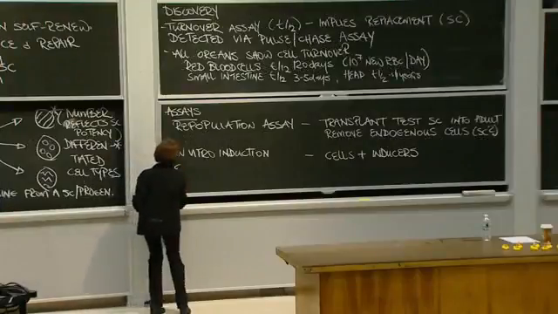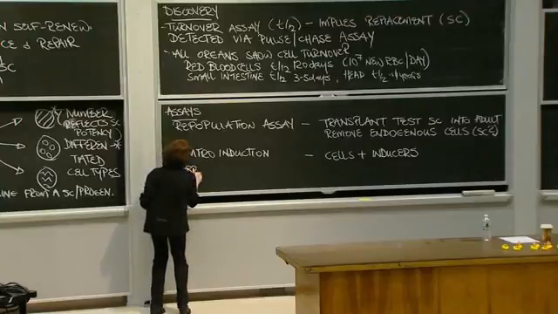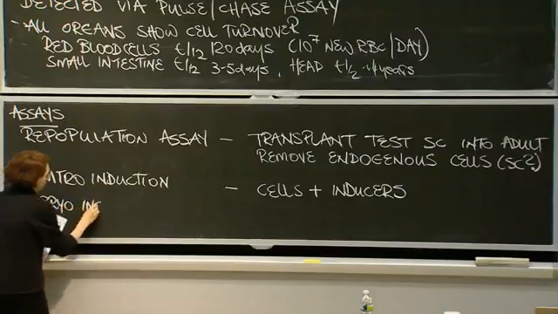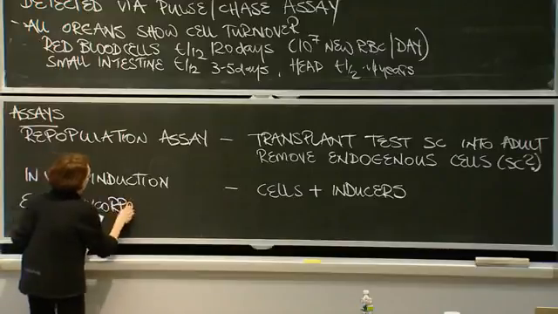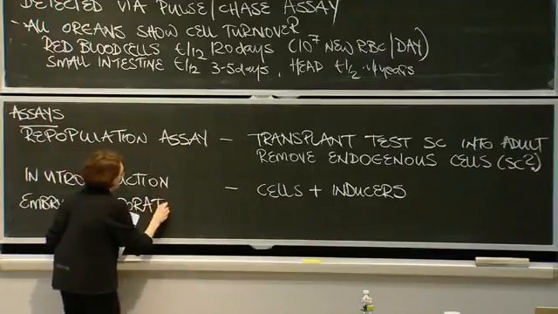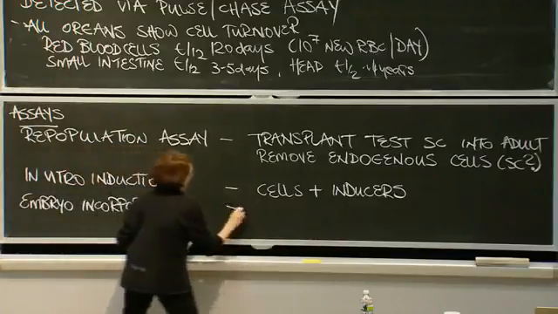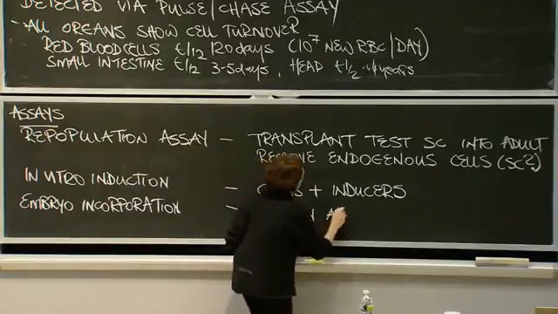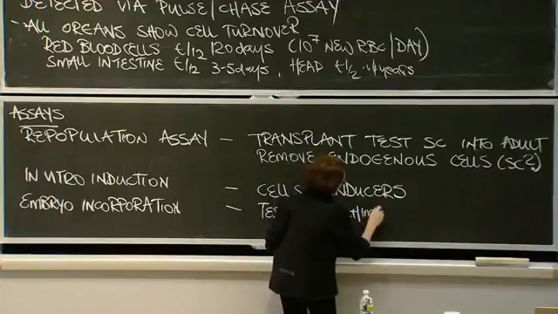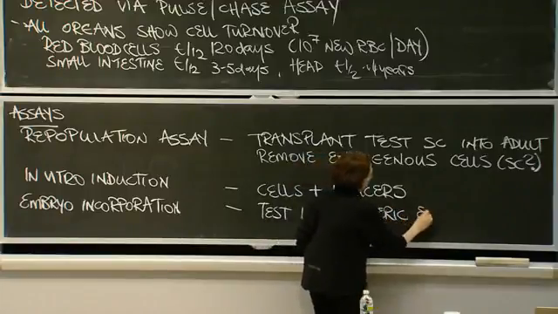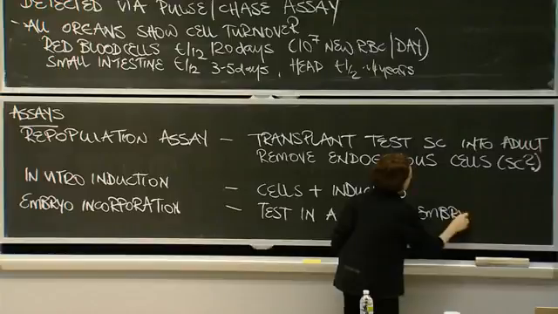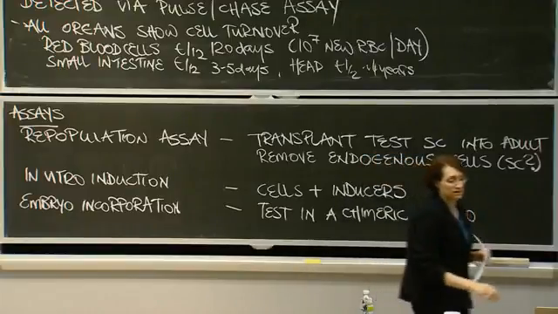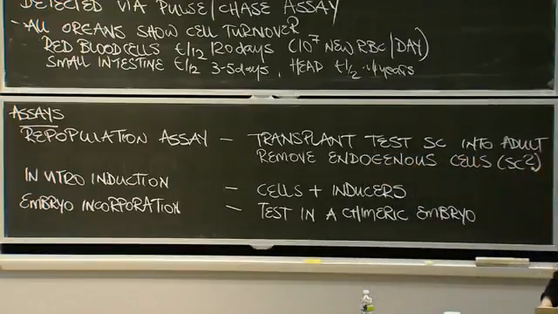And a third assay is called an embryo incorporation assay, where you're going to take cells that may be stem cells and test them in a chimeric embryo. Let's go through your next slides to discuss each of these points.